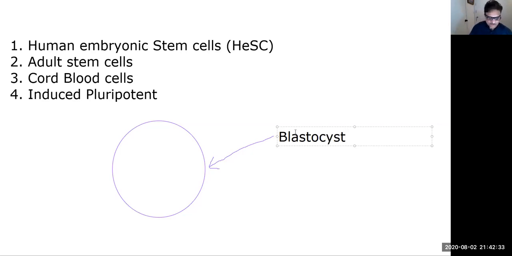So this is the fifth day of embryogenesis. Now, on this fifth day of embryogenesis, special cells are formed inside this. Special cells.